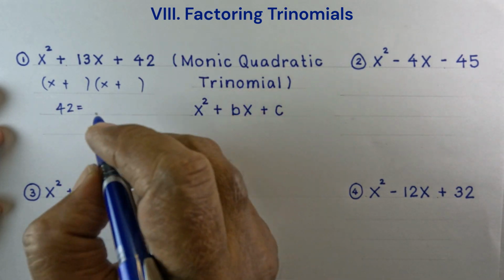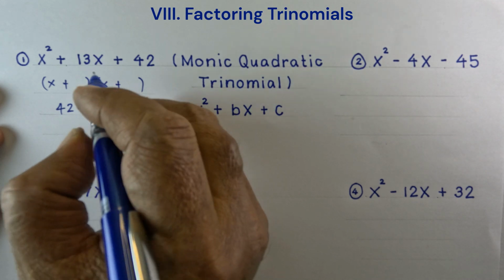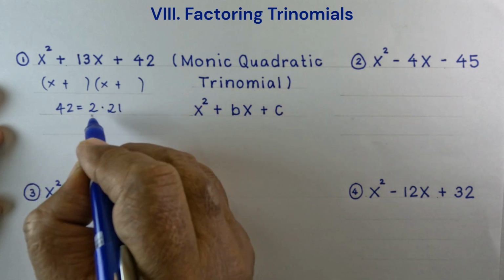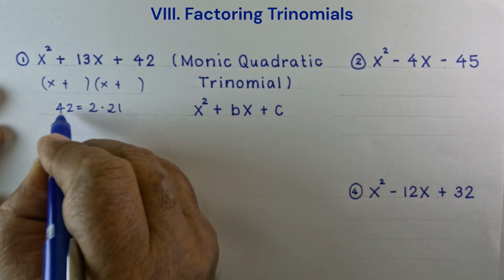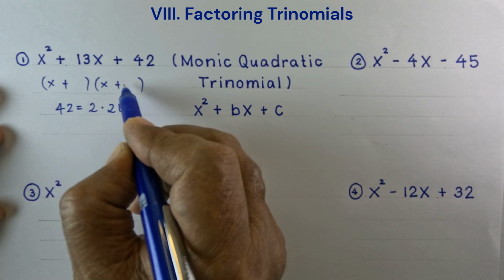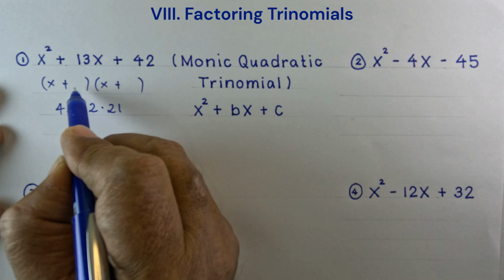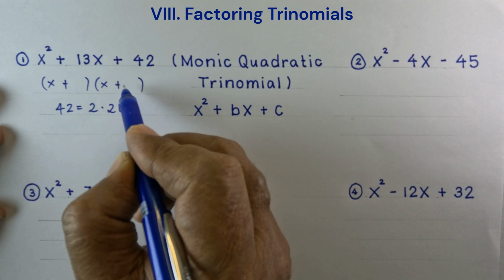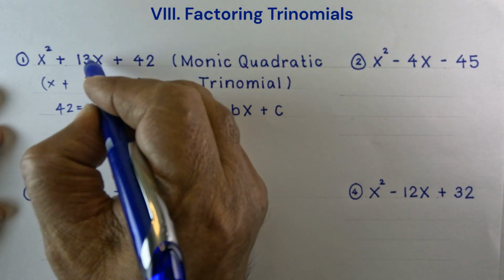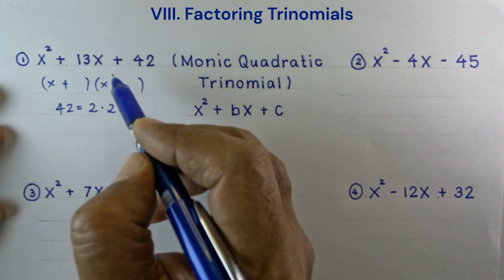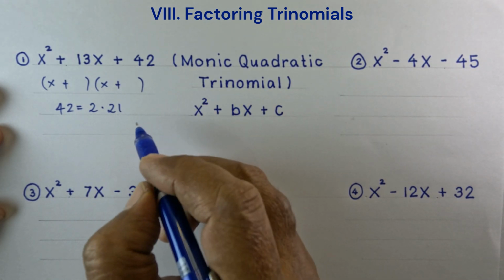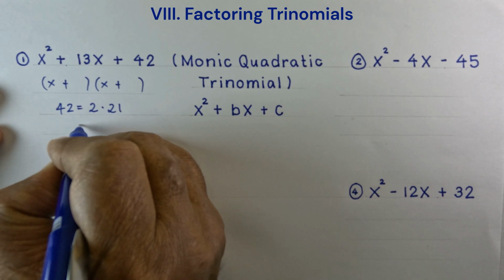Now let's try 2 times 21. So 2 times 21 is 42. If I place 2 here and 21 there, that would be 2 plus 21. So that's equal to 23, but we're looking for 13. So this is not the right pair. So let's try another one.